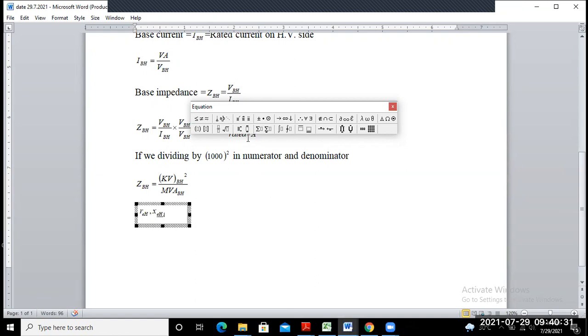Or maybe impedance, whatever you may want. These three parameters can be resistance, reactance, or impedance. So all these quantities can be represented in per unit. So Z EH is the equivalent impedance along the high voltage side.